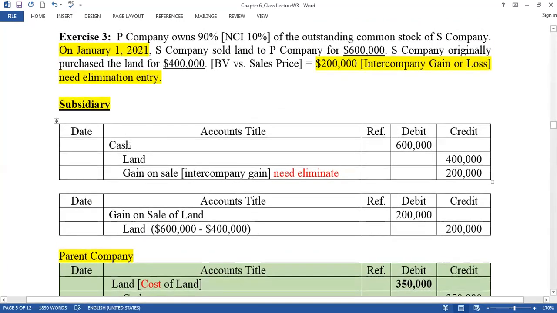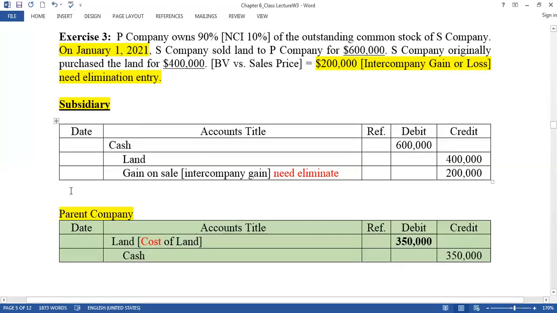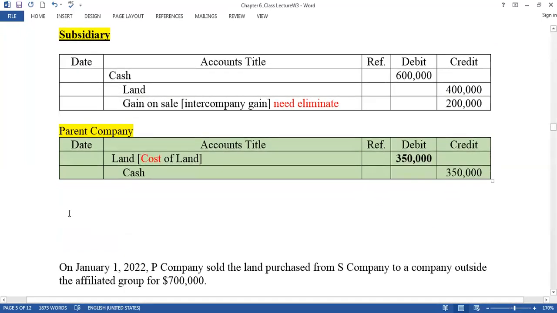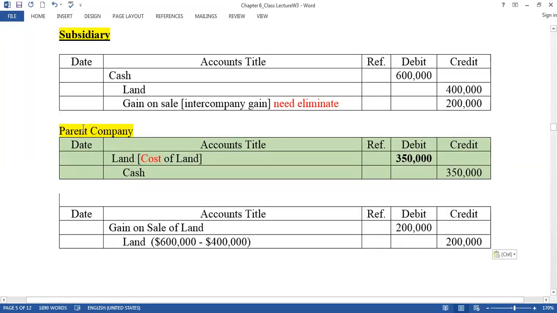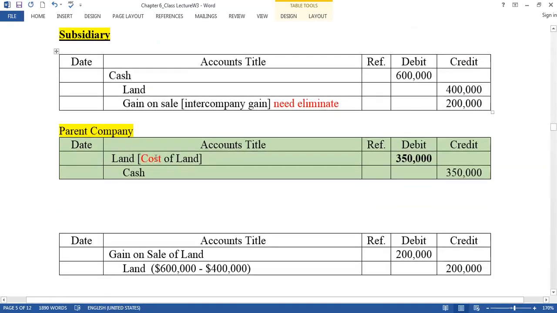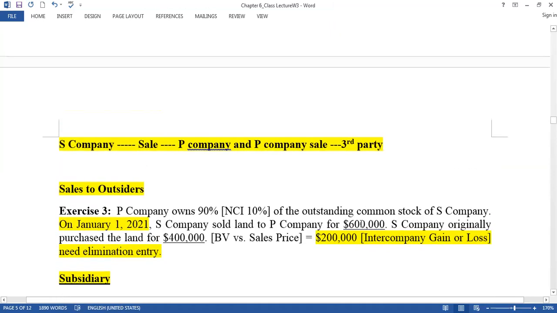The subsidiary company records: cash debit, land credit, gain credit, and the parent company records land debit. What is the cost of the land for the parent company?